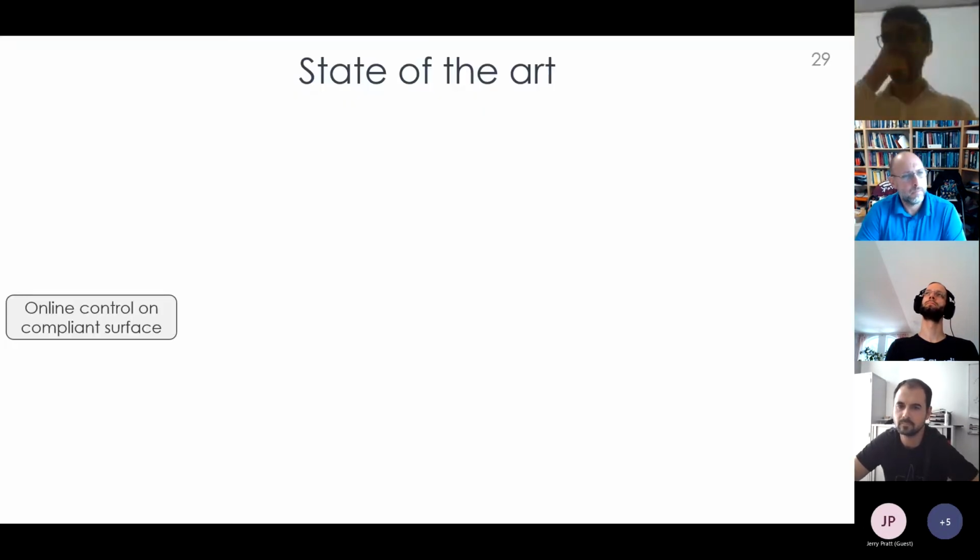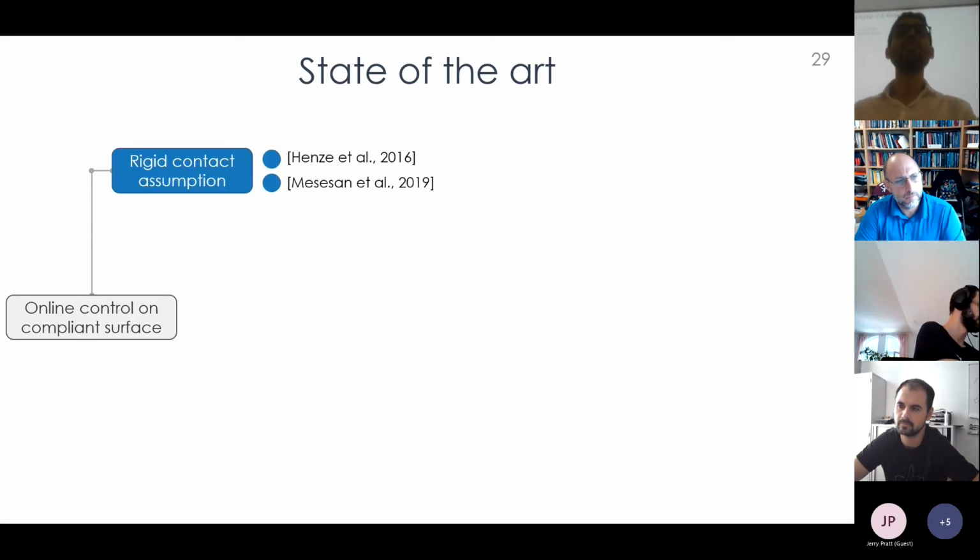So before entering into the details, I would like to go through a short recap of the state of the art. The main goal is to design an online controller for walking on compliant surfaces. One of the main approaches is to design a controller that assumes rigid contact.